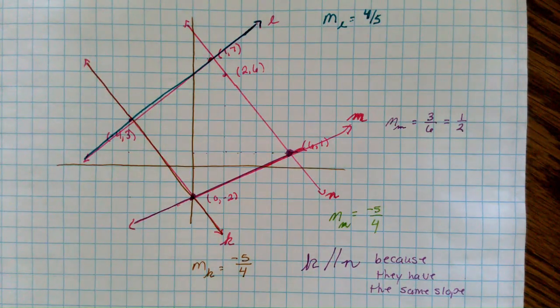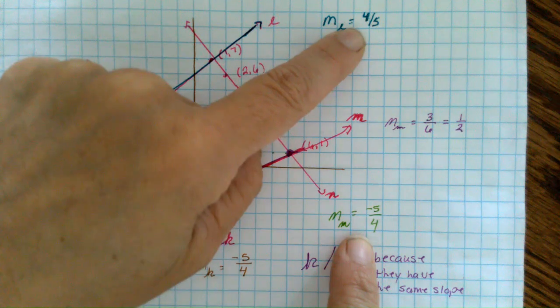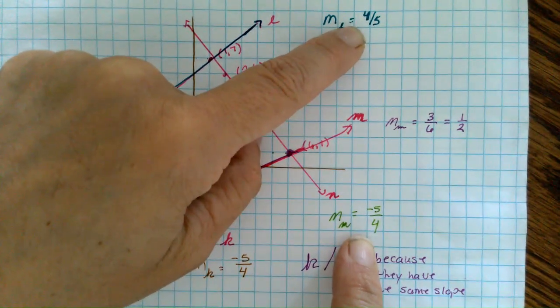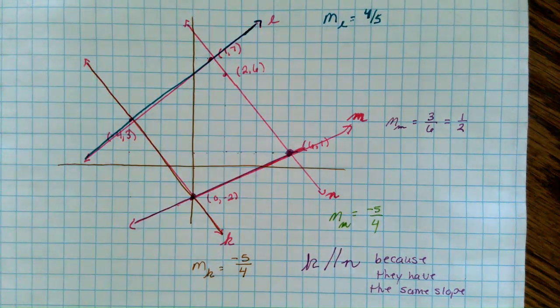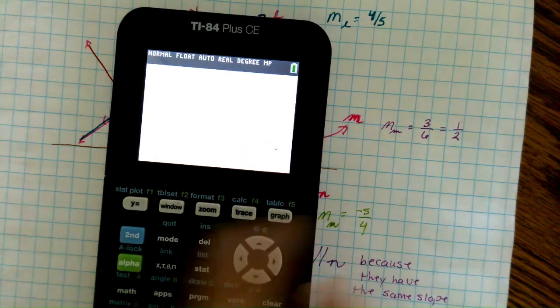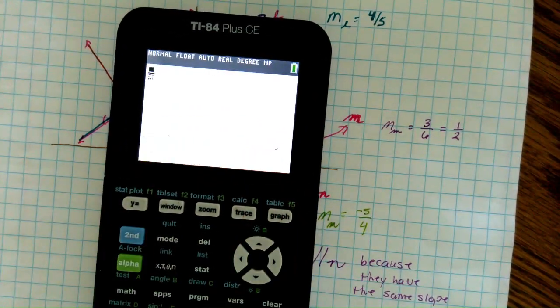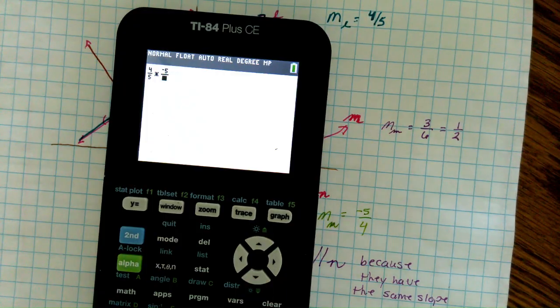So how can I know it's a 90-degree angle? Well, let's check out these slopes, 4/5 and -5/4. Some of you might just go, oh, well, one's positive, one's negative, one's 4/5, the other's 5/4. You're exactly right. The other thing we can do to check is we can say that their product is -1.